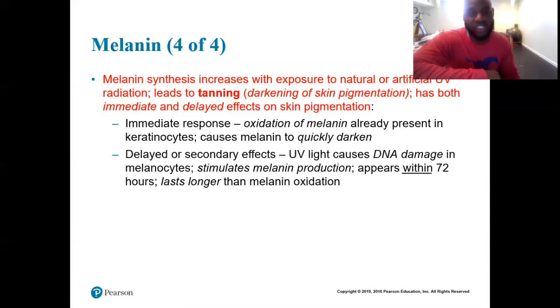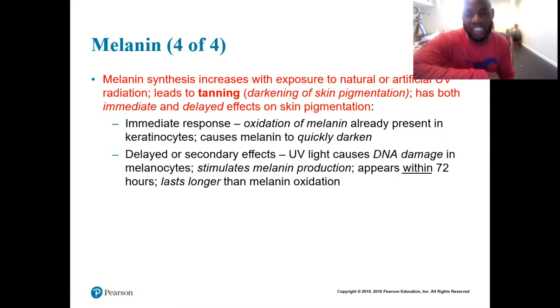and that leads to what we call tanning, but it's basically a darkening of your skin. And what is happening is you have oxidation. Remember, oxidation and reduction: in reduction you add electrons, in oxidation you remove electrons. So oxidation of the melanin already present in the keratinocytes causes melanin to quickly darken. You also have a secondary effect.